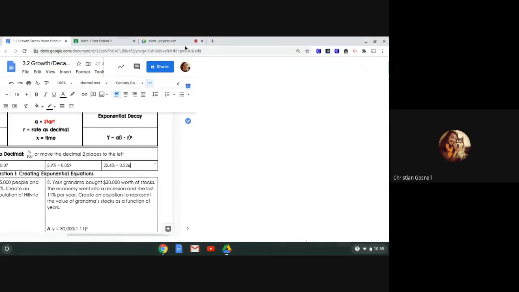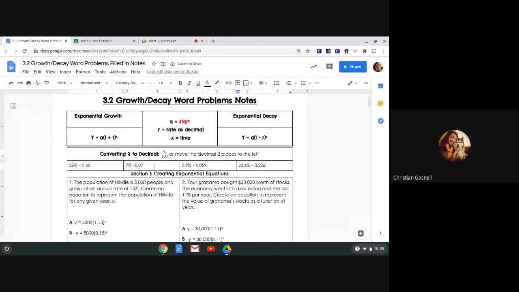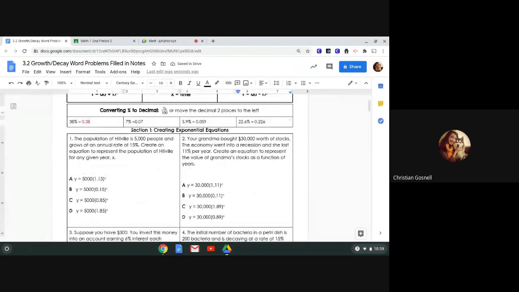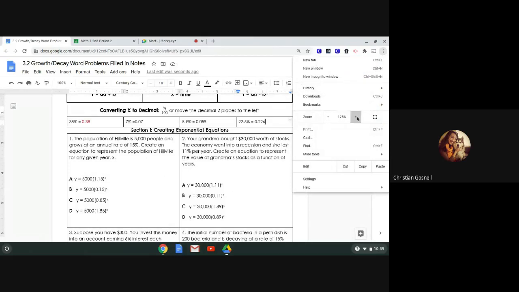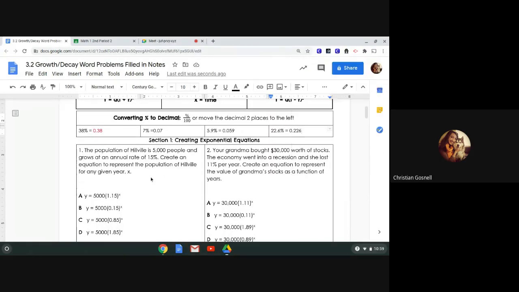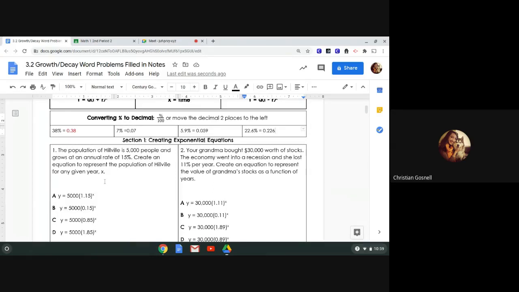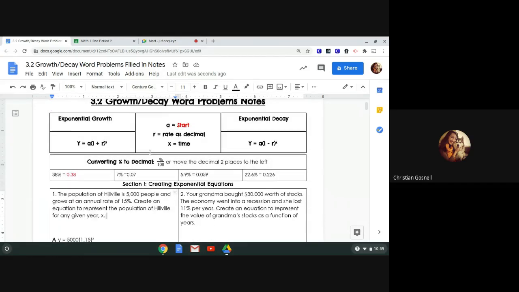All right, now that we have that information, let's look at some examples on creating exponential equations. Number 1 says the population of Hillville is 5,000 people, and it grows at an annual rate of 15%. Create an equation to represent the population of Hillville for any given value of x. Here's what I do every single time: I identify each of these parts, a, r, and x, and then I make my equation.